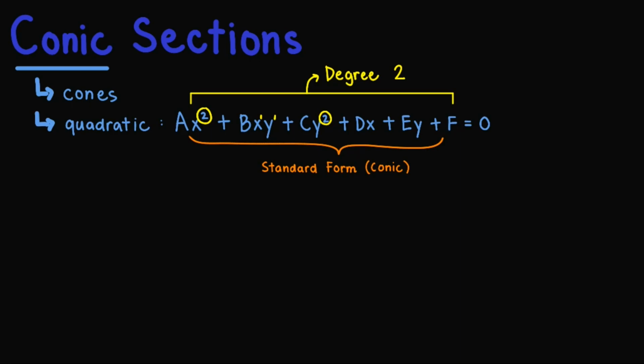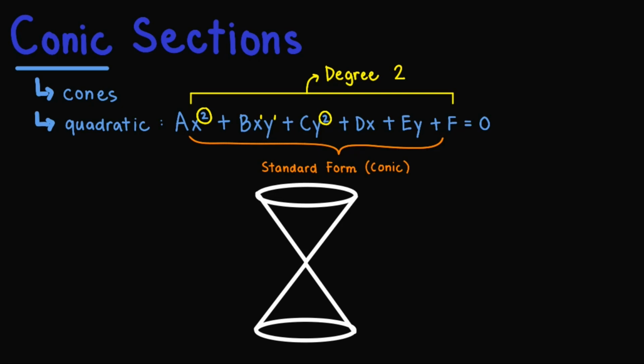Going back to cones, we illustrate conic sections with a cone and another cone. This cone must be right circular, that is, the base is a circle and the axis is perpendicular to the base, which means this is a right angle.